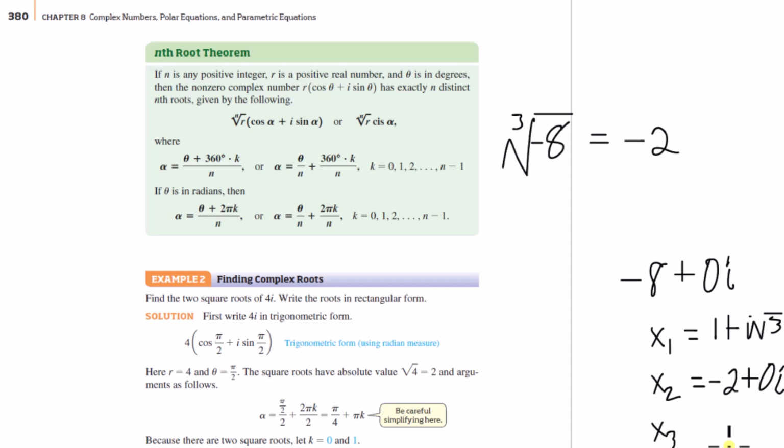And so that's where it gets confusing. It's weird to think about. It's like, well, okay, so are these different numbers? Well, no, of course not. In true reality, every number is a complex number. Absolutely. Even inside the radical, technically, this is minus 8 plus 0i. But which one's the actual principal root, minus 2 or 1 plus i root 3?